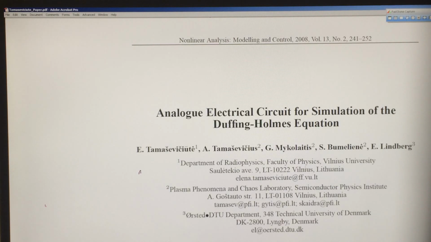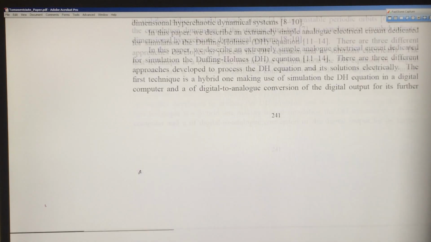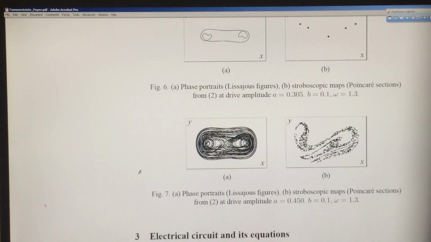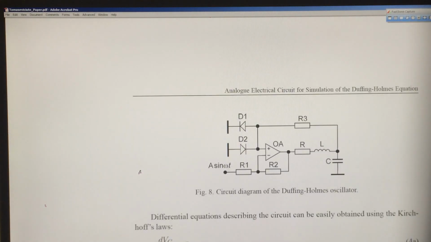As I'm preparing an exposé on analog computers, I came on a paper talking about chaotic behavior of a simple electronic circuit. This paper is from 2008, and the circuit is a well-known circuit which behaves as a Duffing-Holmes chaotic oscillator.